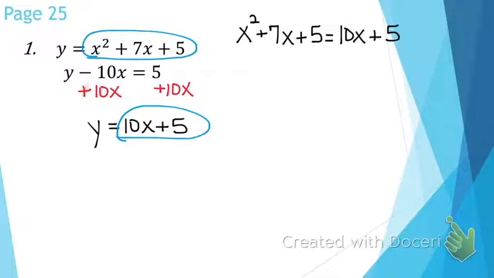So now we're going to set it equal to 0. What we're going to do is subtract the 10x from 7x, and then subtract the 5 from 5. So that gives you x squared minus 3x equals 0.